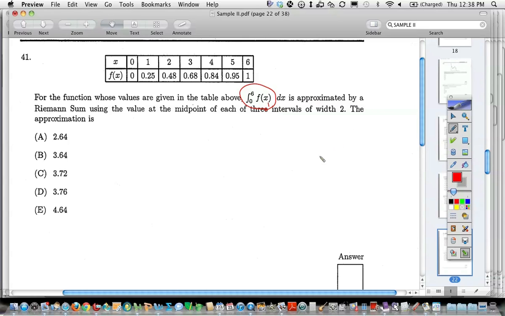They're asking for what approximation? We just got done doing an R3 a minute ago. What are they asking for? M3, right? They're asking for an M3, a midpoint with 3 subintervals, and they even told you the width is 2. Of course, we could figure that very easily, 6 minus 0 divided by 3, so the width is 2.